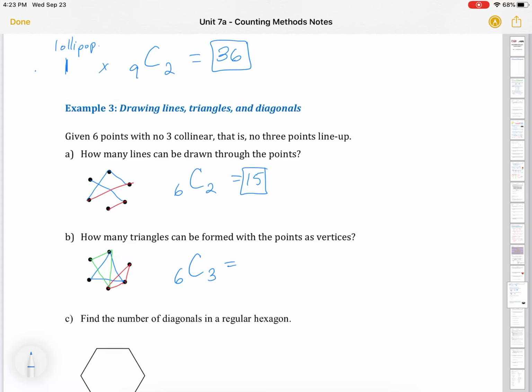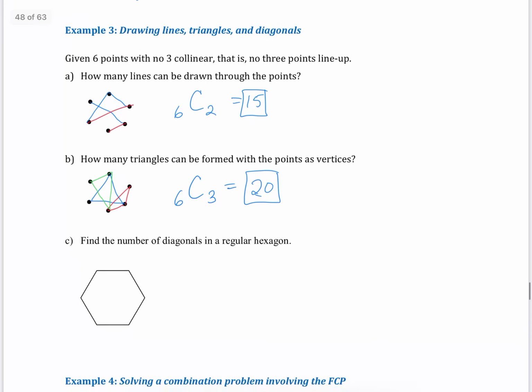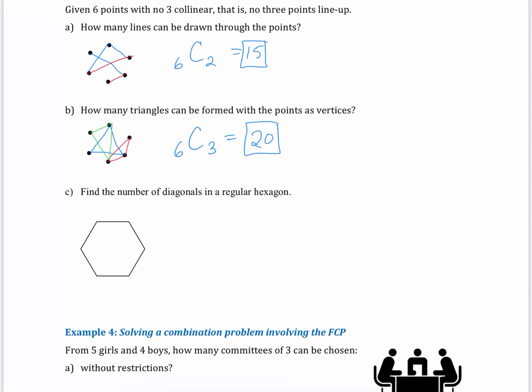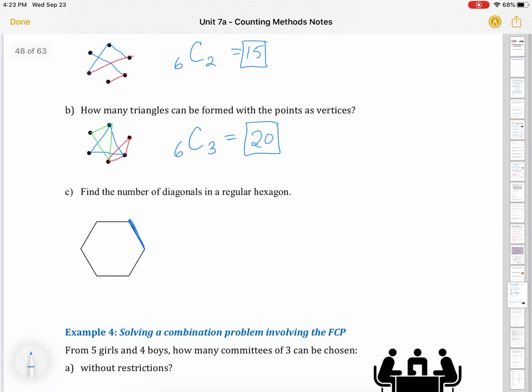So we have 6 points in total, and we're choosing 3 points to connect. When I do that, I get 6 choose 3, and I get 20 as my answer. Okay? All right. We can now use this to find the number of diagonals in a regular hexagon.